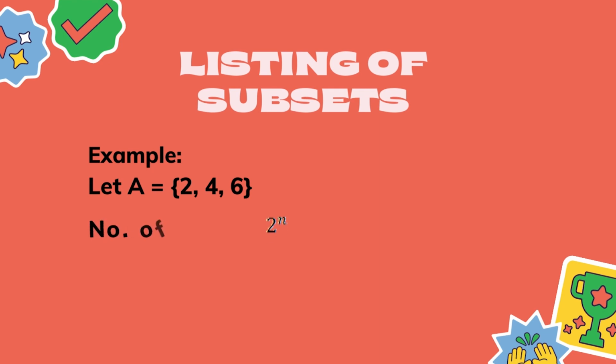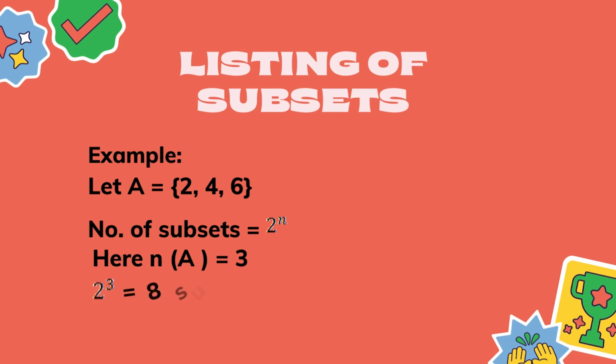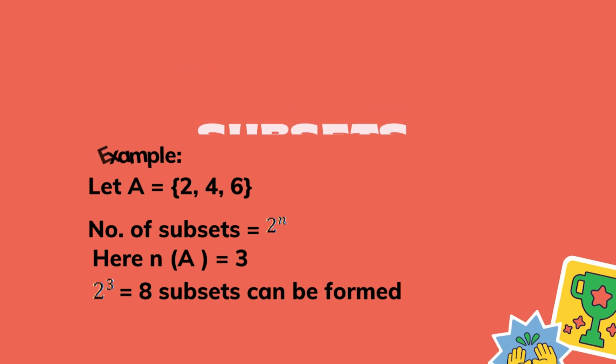The number of elements in set A is 3 because there are only 3 elements present. So according to the formula 2 to the power n, n is replaced with 3, and 2 to the power 3 results in 8 subsets that can be formed.